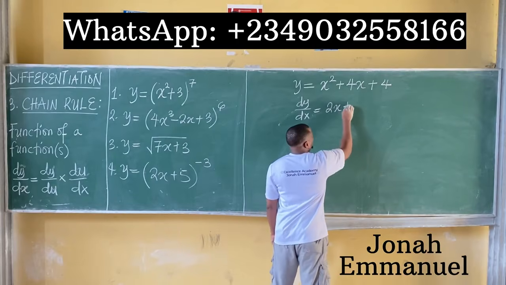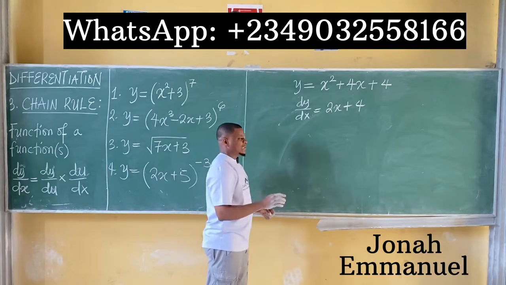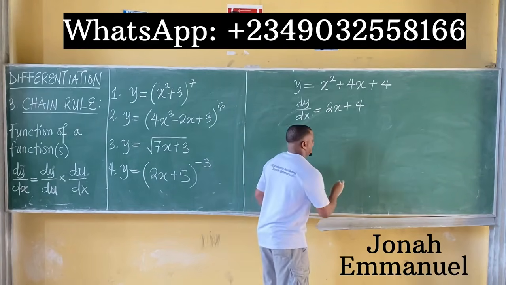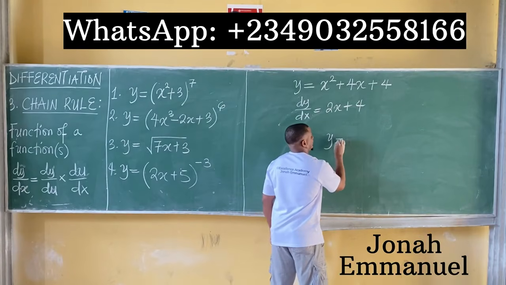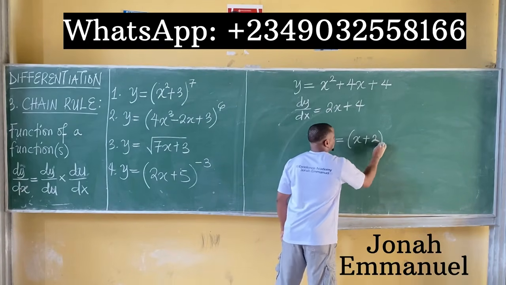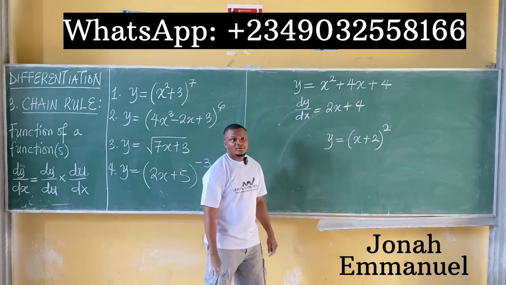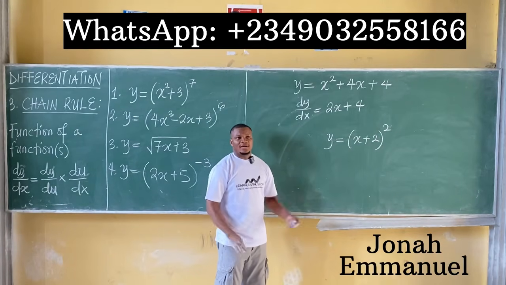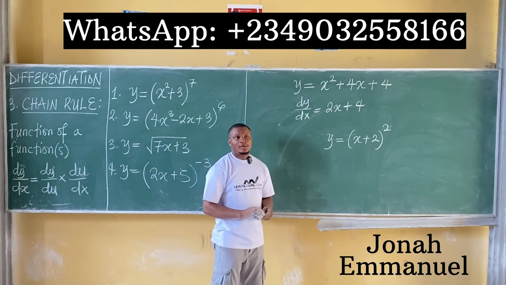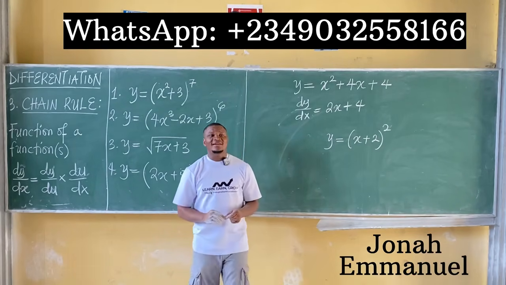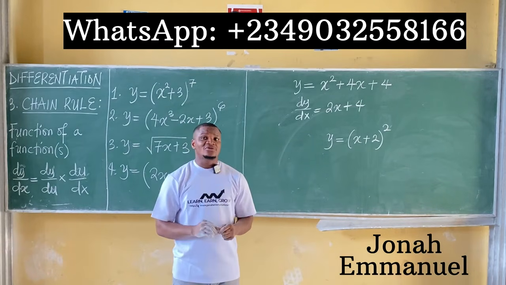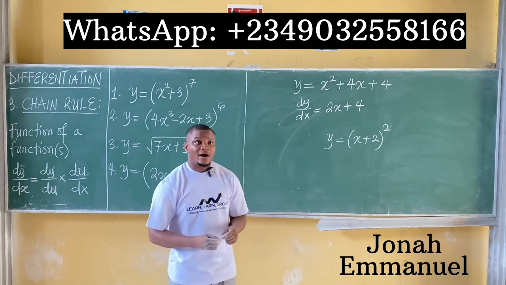Good. Now watch this. If I say y is equal to x plus 2 all squared, for instance, which method can I use here? Well, not really the chain rule. I could still use the general method. How?